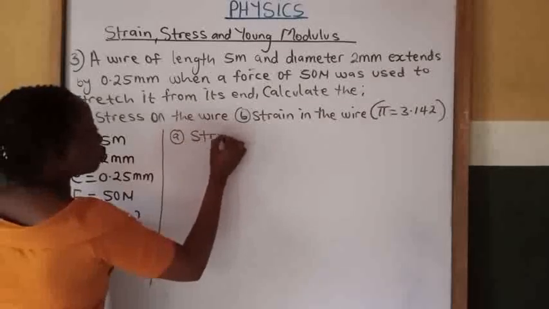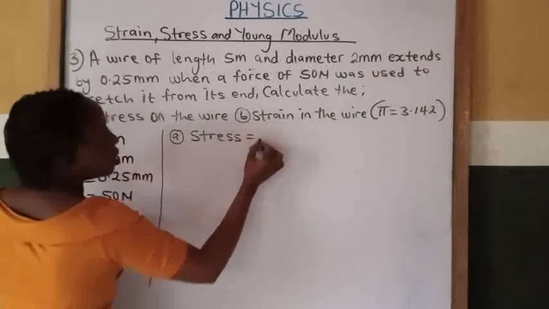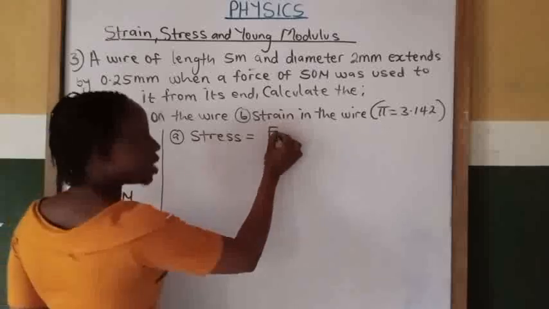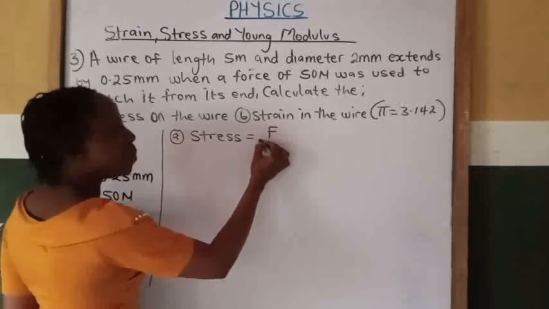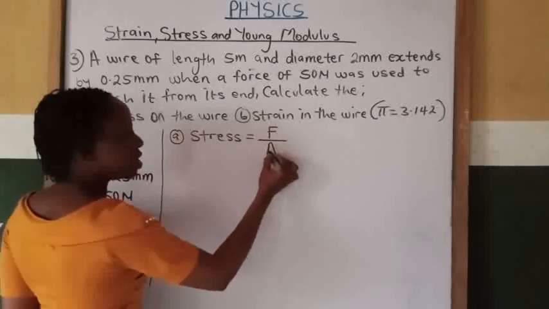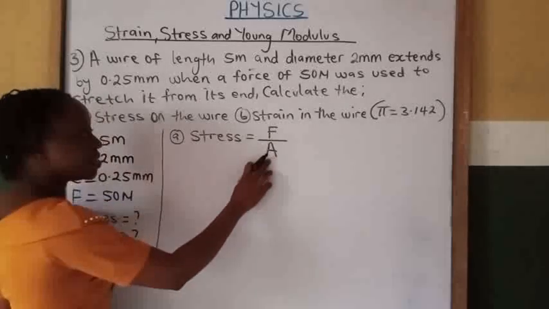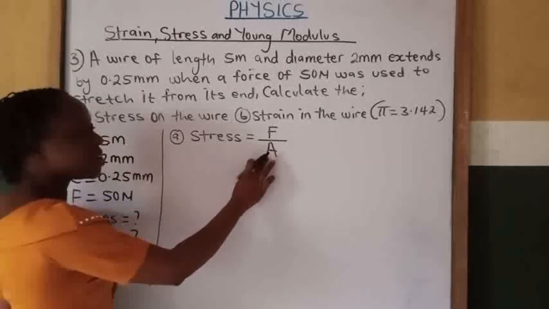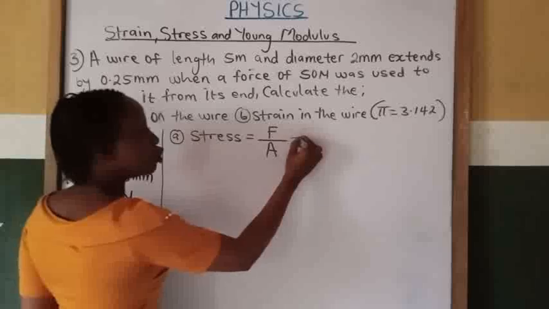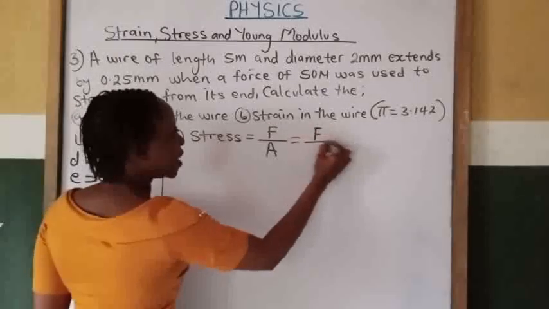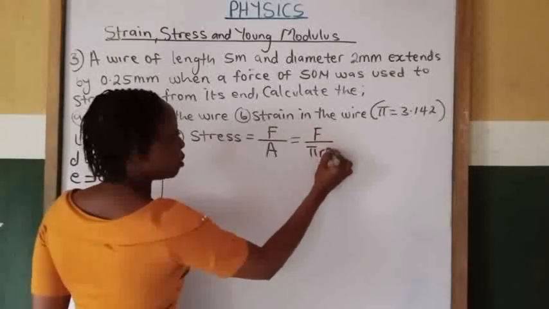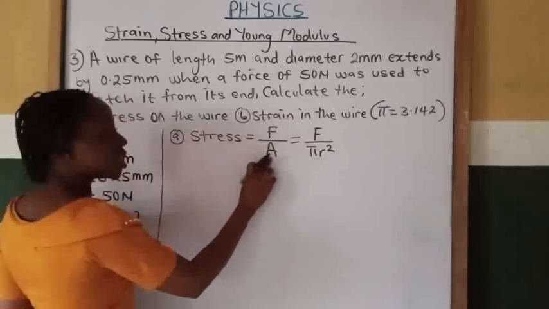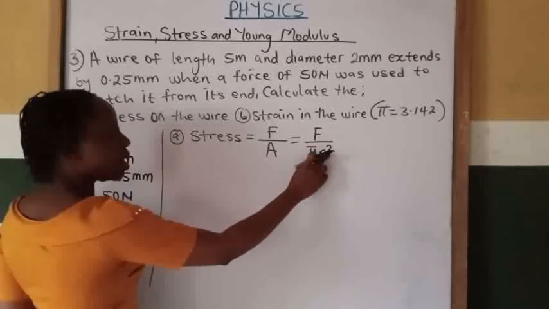Stress equal to the force applied on an elastic material per unit cross-sectional area of the material. So when the cross-sectional area is not given, you use force divided by pi r squared. So cross-sectional area equal to pi r squared.